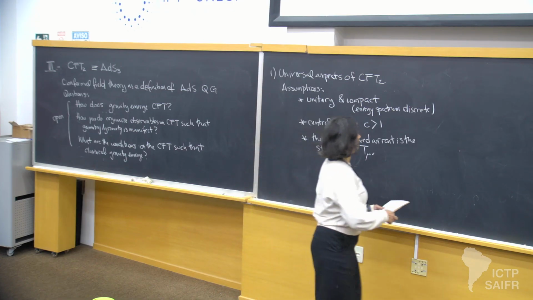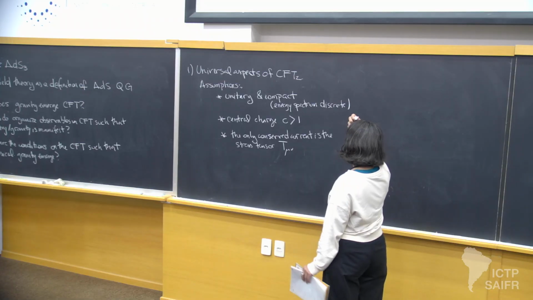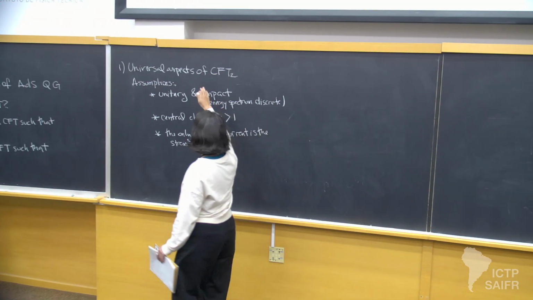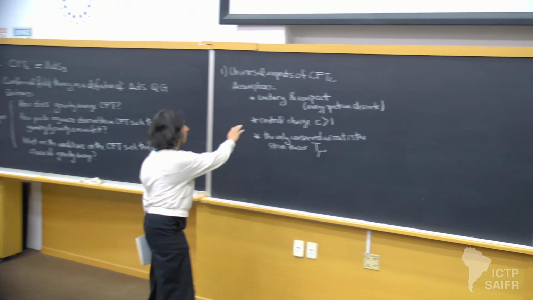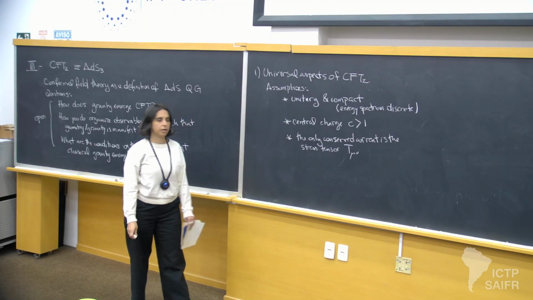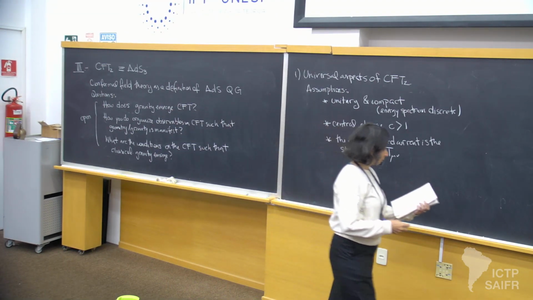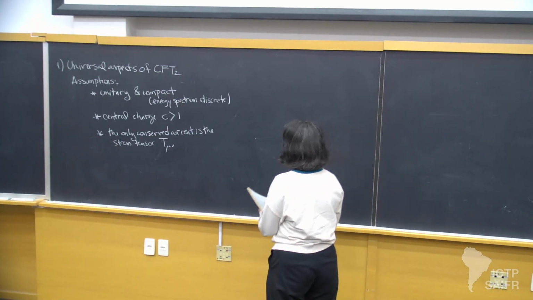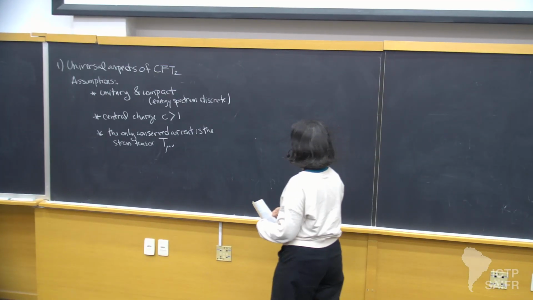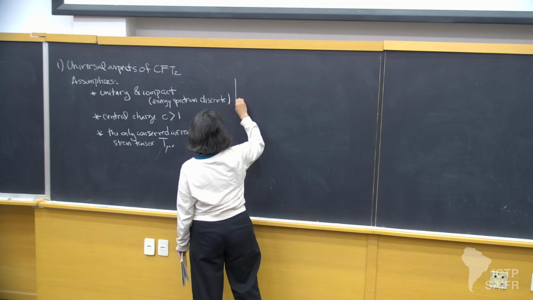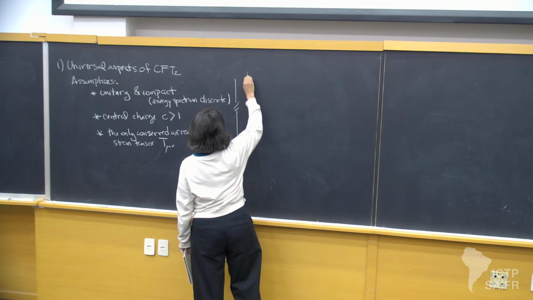Okay. Very good. So let's first talk about these universal things, where these are basically the assumptions that I'm putting on my conformal field theory. The first thing that I want to highlight as universal: let's look at the partition function of a CFT.